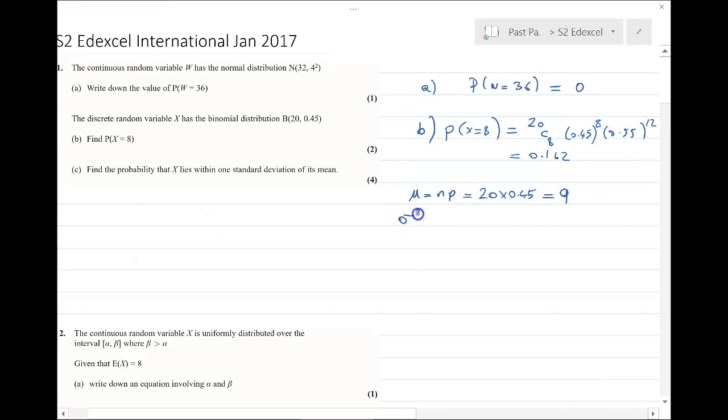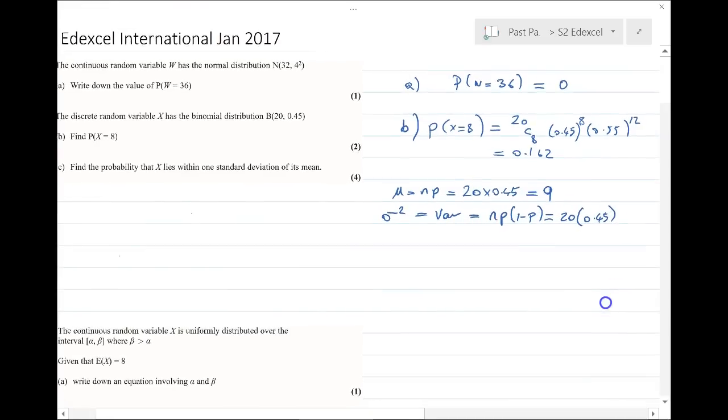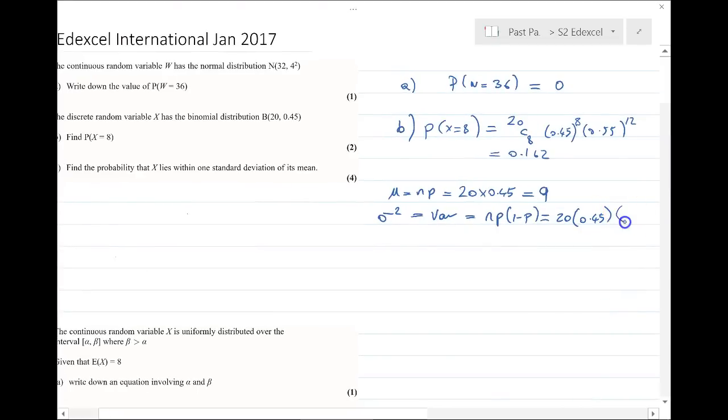Now the standard deviation squared, in other words the variance, is NP(1 minus P). So that's 20 times 0.45 times 0.55, and that comes to 4.95. But that's the variance, so the standard deviation is the square root of that.